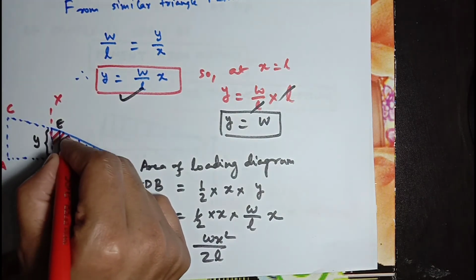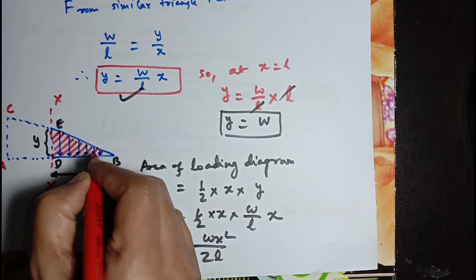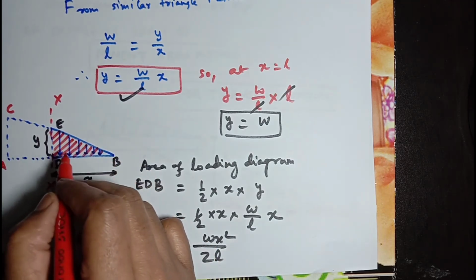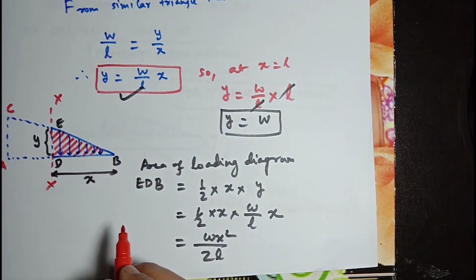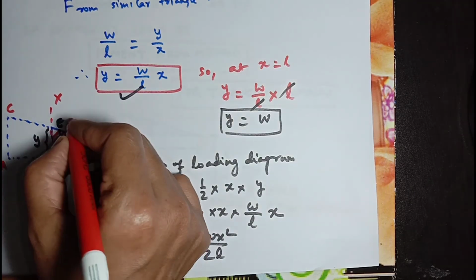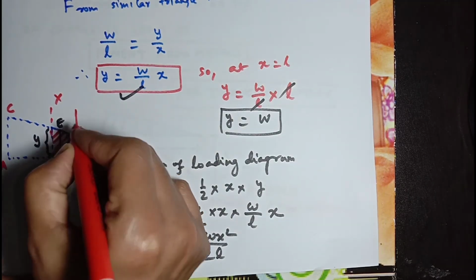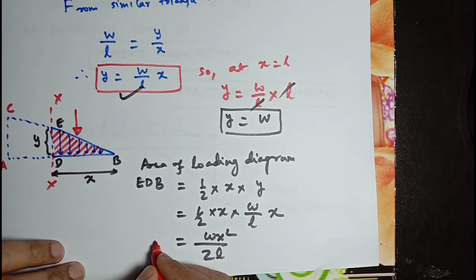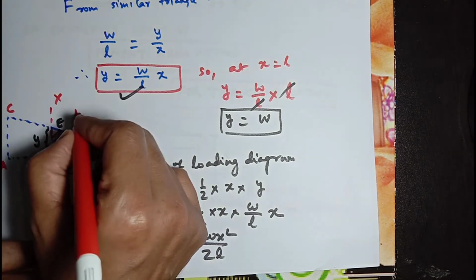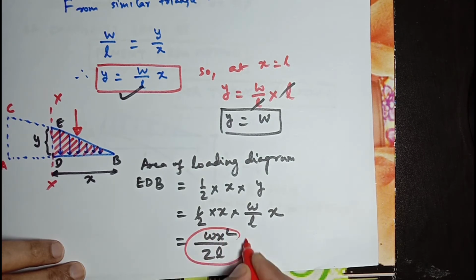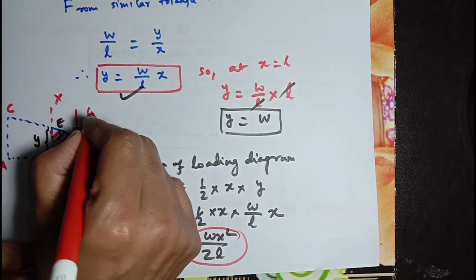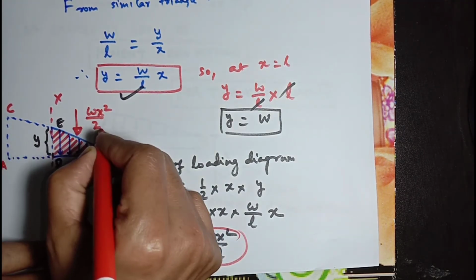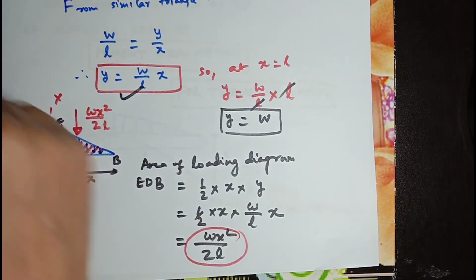The area of this shaded part will give the total loading, which acts at the centroid of this triangle as a point load, whose value is W X square by twice L. This is nothing but the total load.